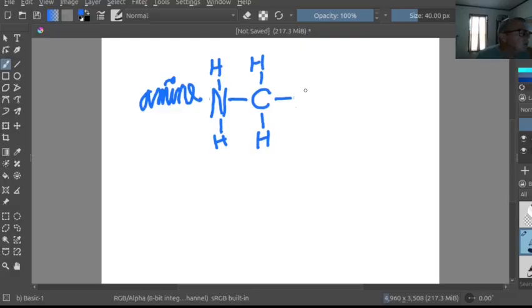Well, I'm going to put another carbon here. Okay, there's one of the carbon bonds all used up. And then I'm going to put oxygen up here. And for this oxygen, the oxygen has an atomic number of 6, so we only have 2 electrons that we need to share between the carbon and the oxygen.